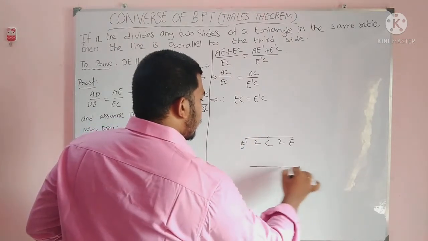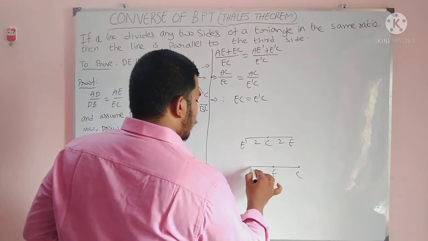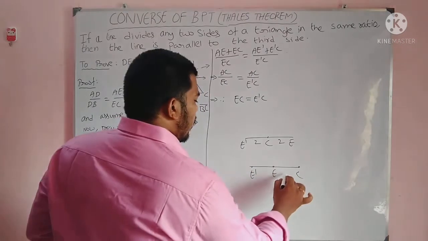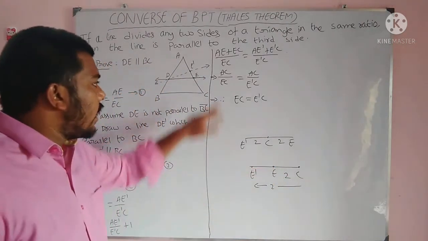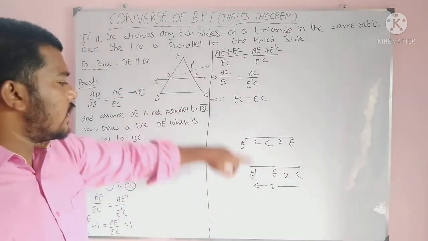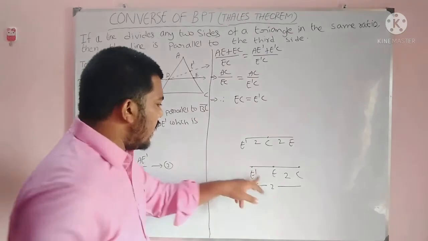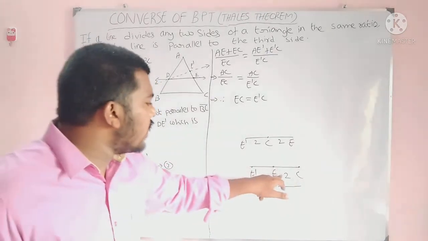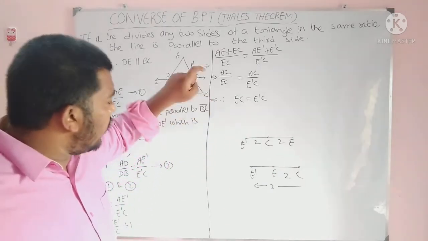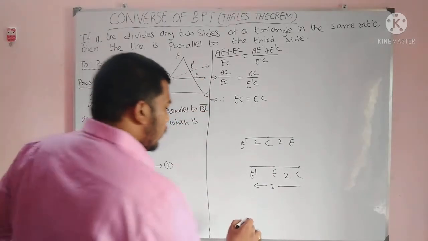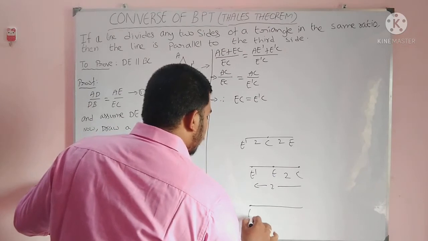But if C is here, E is here and E dash is here, this is 2 and this is also 2. If you see, this is an example: either E dash E should be 2 or EC should be 2. Both cannot be possible. So in case it is true, then it should be like that.